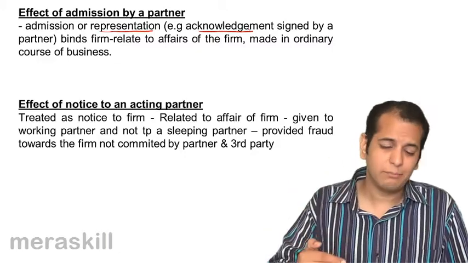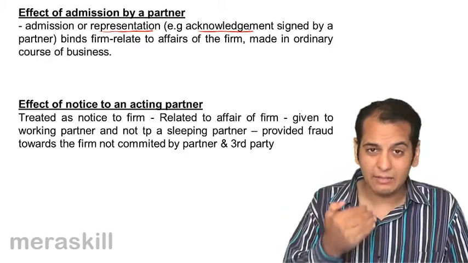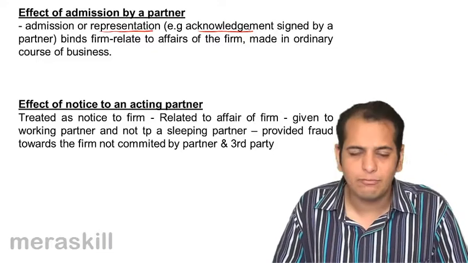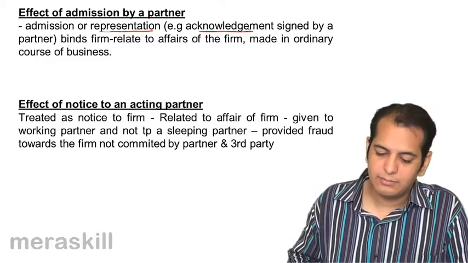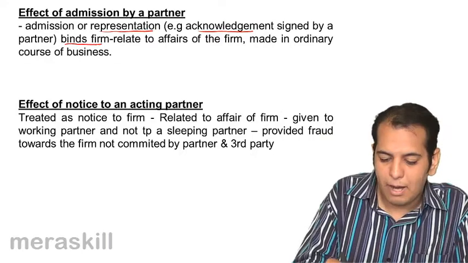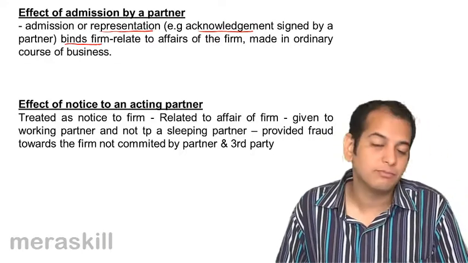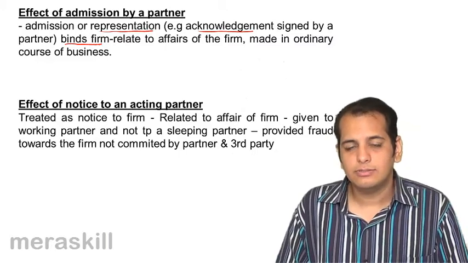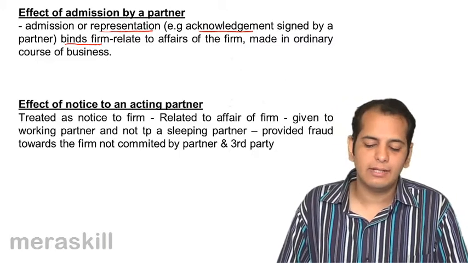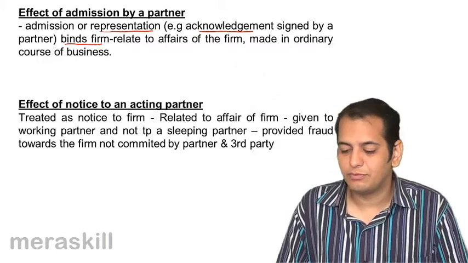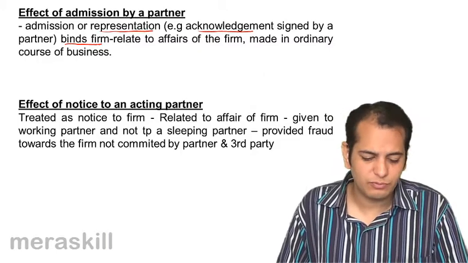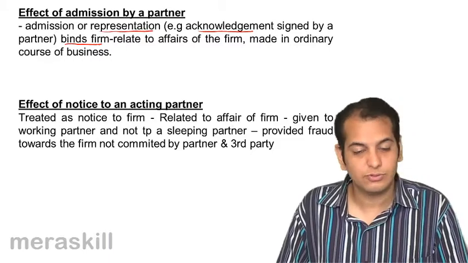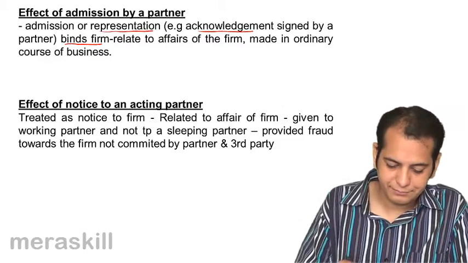So whatever representations, admissions, or acknowledgements a partner makes on behalf of the firm bind the firm. The condition is that this admission should be related to the affairs of the firm, to the business of the firm, and it should be made in the ordinary course of business of the firm. Okay.